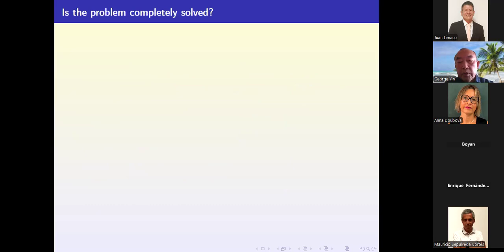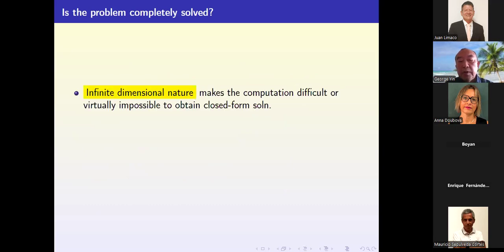Now we ask the question, is this problem really solved? In a way, you get a very celebrated result with the nice equations characterized by Kushner's equation and the Duncan-Mortensen-Zakai equation. But for almost 60 years, how to actually find the solution of the problem has not been quite solved because it is infinite dimensional.